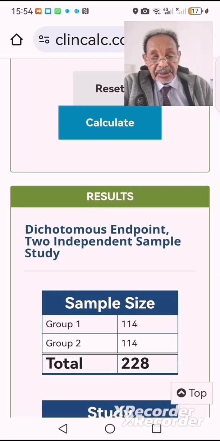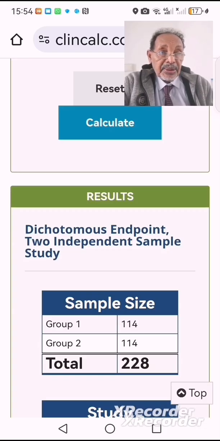The sample size will come to be 114 for group 1 and 114 for group 2, being laparoscopic and open surgery.